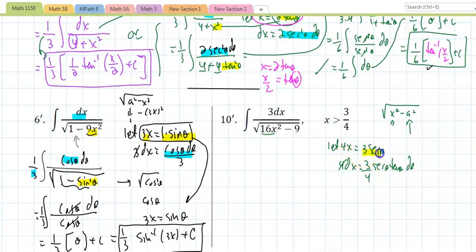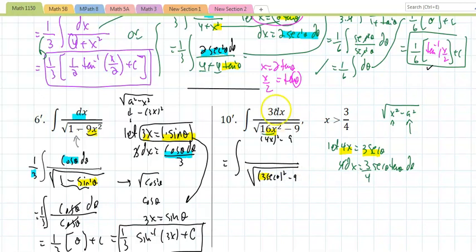And if I let the 4x be this, if you take 4x and you square it, wouldn't that be the square root of, when I square both sides, isn't that a 9? So here, if I write this as 4x squared minus 9, wouldn't that be 3 secant of theta squared minus 9?